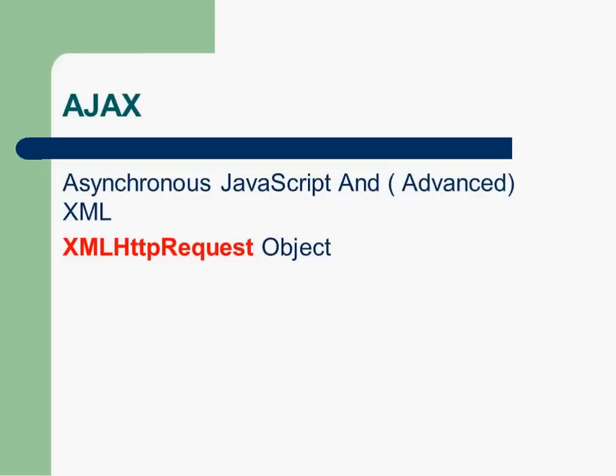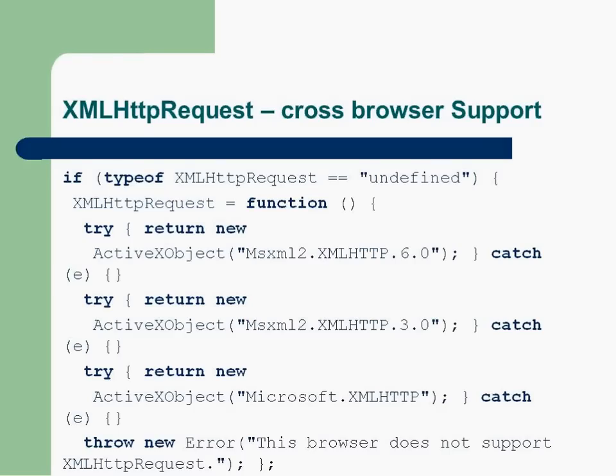It is not available as a native object like this in IE below version 7. So to achieve this functionality they must use something called ActiveX objects, which is like an add-on to the browser functionality. Microsoft introduced it long back in version 5 or something. So basically, when you check type of XMLHttpRequest is defined, if not, you try to use these ActiveX objects.